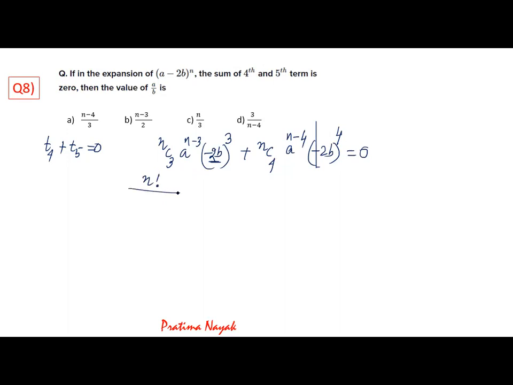So on the opposite side, it will be the same. So n factorial by 3 factorial into n minus 3 factorial, here a to the power n minus 3. The negative, I am cancelling.